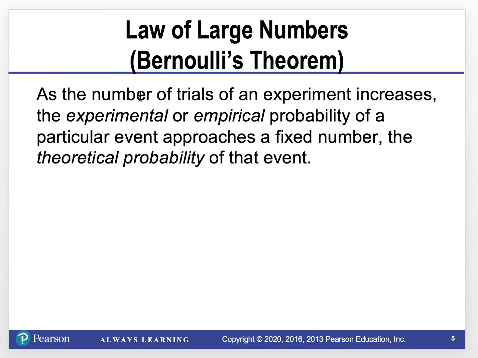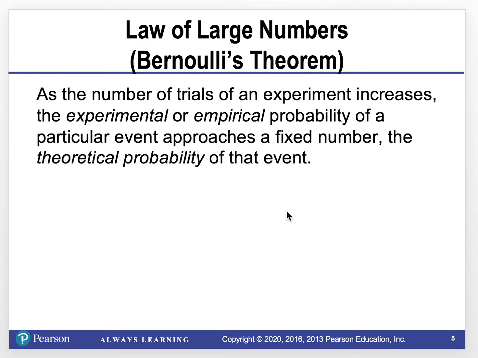But what this is saying is the more and more times you flip that coin, if you flip that coin instead of 10 times, 100 times, you'll get closer and closer to that 1/2 probability. If you flip it 100 times, theoretically you should get 50 heads and 50 tails.